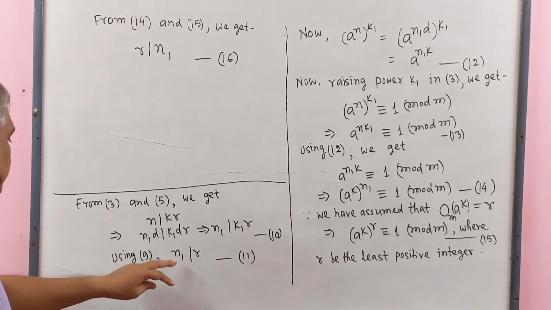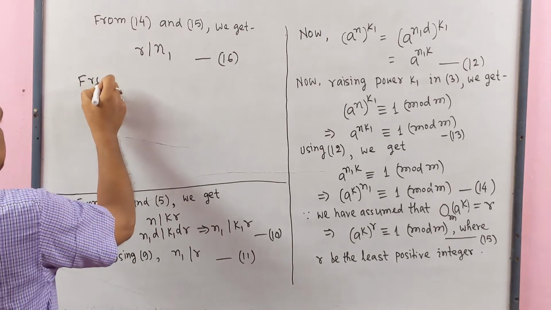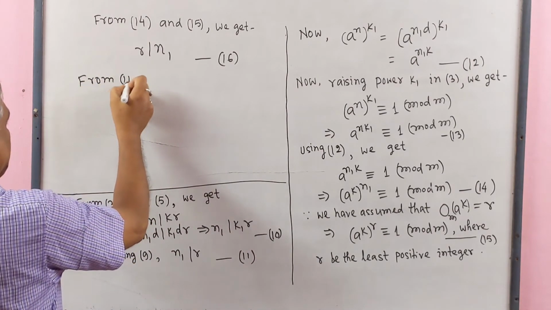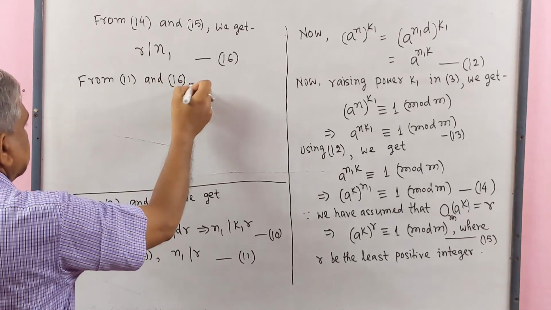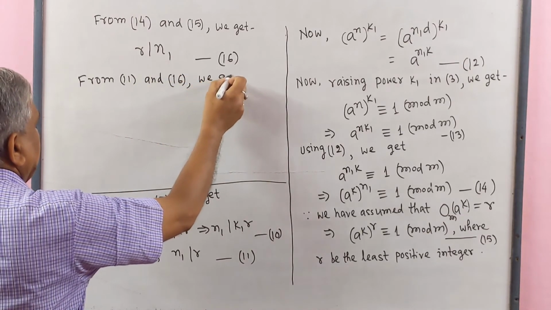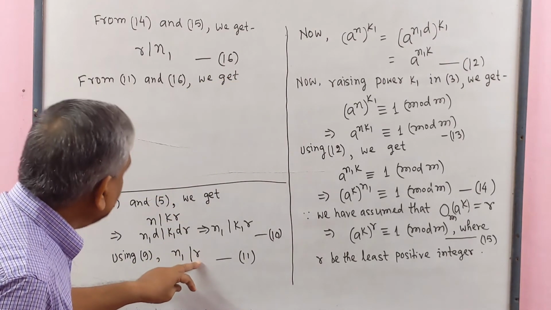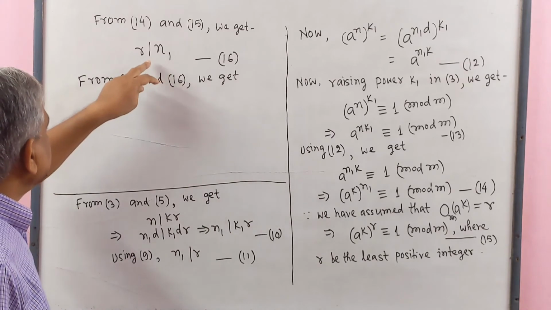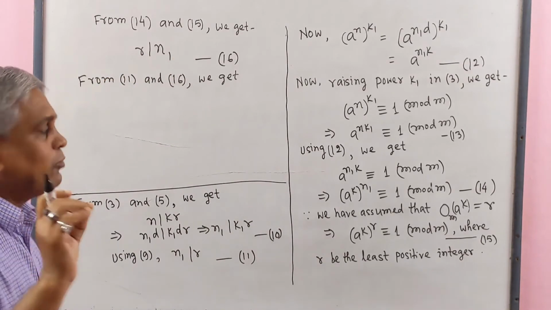From 11 and 16 we get, in 11 n1 divides r, and in 16 r divides n1. Therefore, r equal to n1.